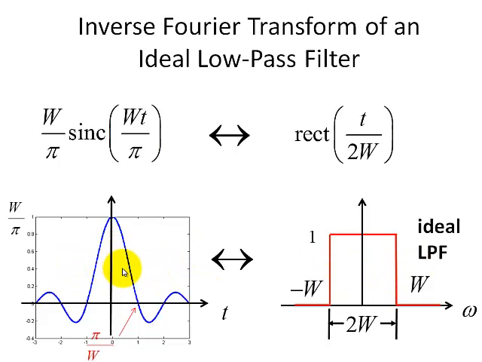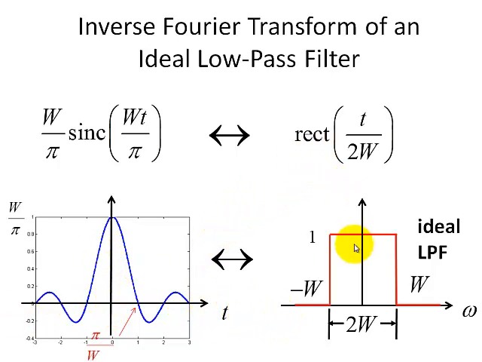And we define the pulse width for the sinc function in the time domain as the first zero, π over W. So as W gets wider, this point approaches the origin. Also notice what's finite in one domain is infinite in the other domain. Notice the sinc function goes on to plus or minus infinity.